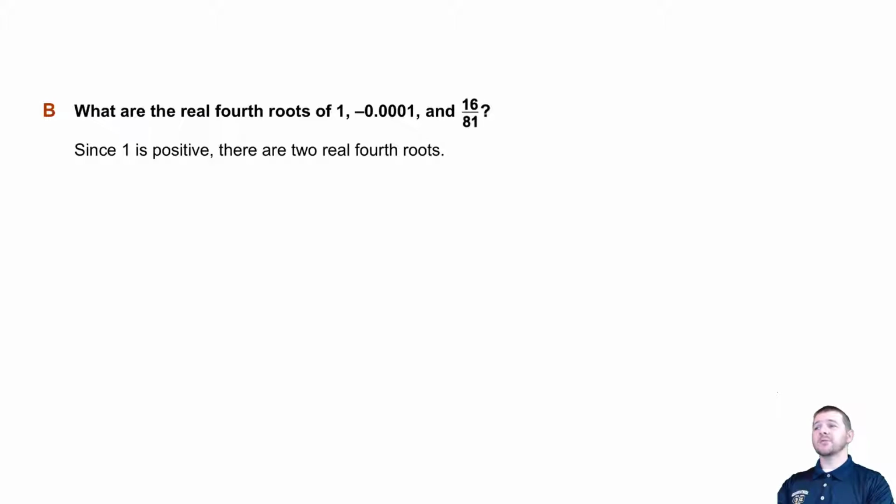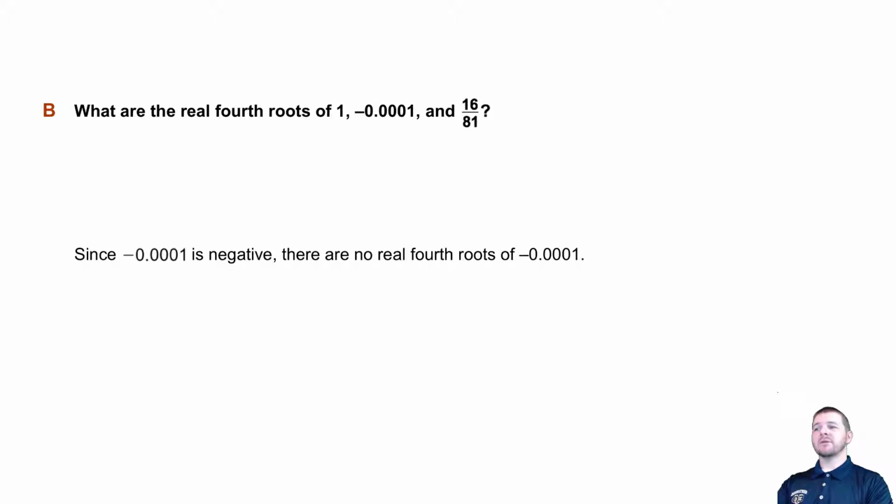Well, first, 1. Since 1 is positive, there are two real fourth roots. 1 equals 1 to the fourth power, so 1 is a real fourth root of 1, but 1 also equals negative 1 to the fourth power. So negative 1 is the other real fourth root of 1.